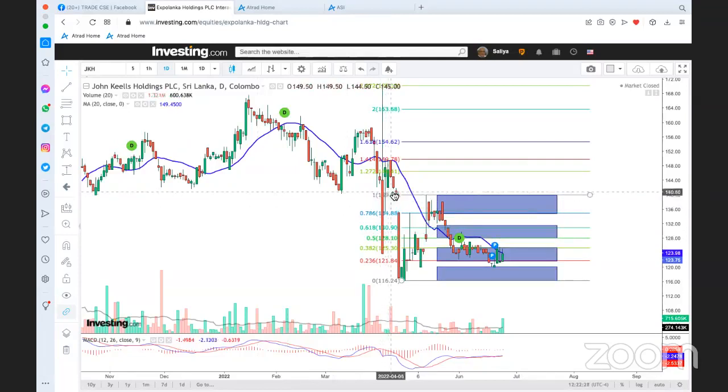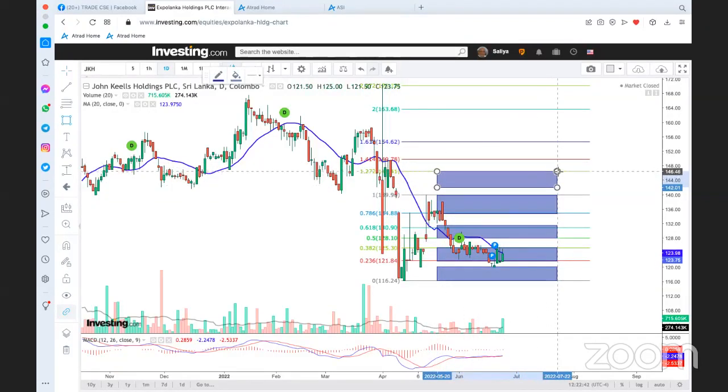There again, you have a small gap here and equal prices of this open and this close. So we can make use of that range up to this level. As far as the MACD is concerned, it's just touching the signal line and moving sideways alongside the sideways movement in the prices.